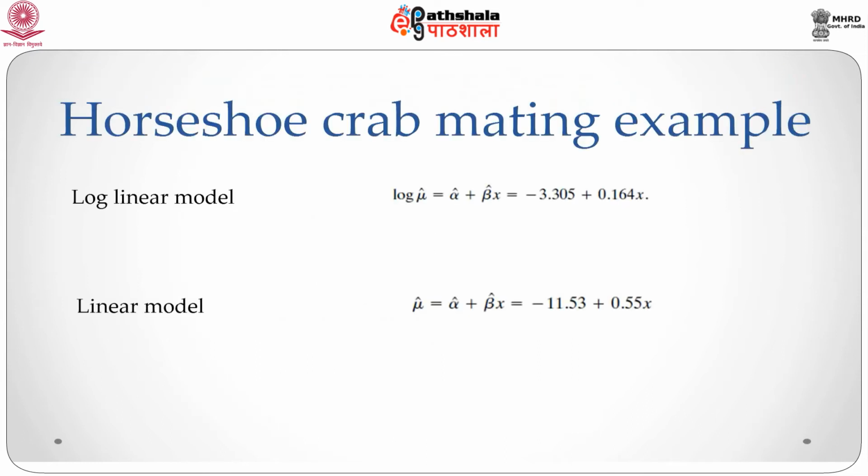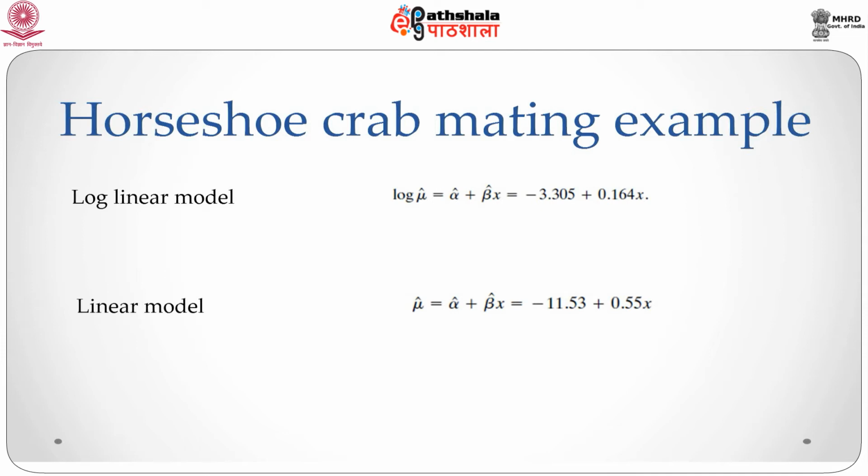GLM software was used to fit the log linear model to the data. The log linear model, the fitted regression equation, says log of mu hat equal to alpha hat plus beta hat x. We can get the maximum likelihood estimators of alpha and beta, and it turns out to be alpha hat equal to minus 3.305 and beta hat equal to 0.164.